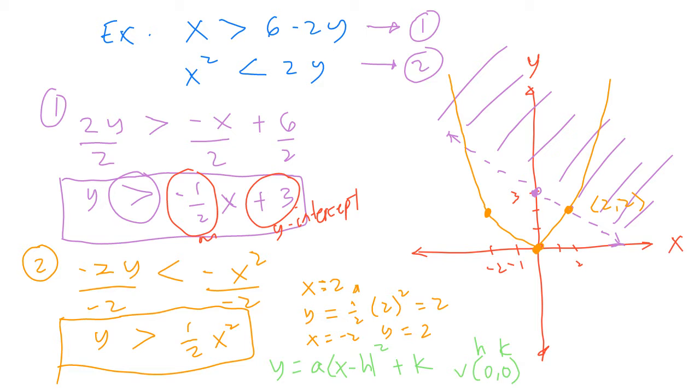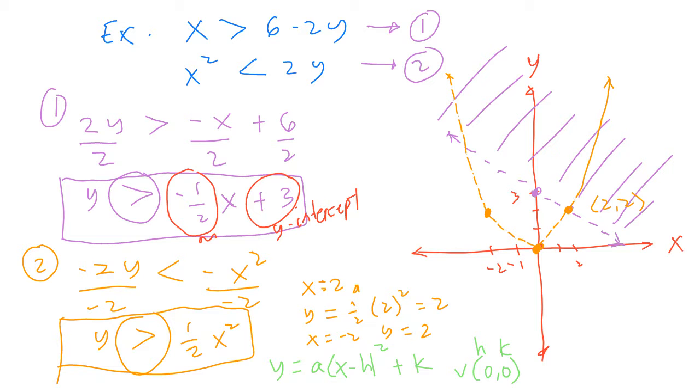So since we're using greater than, so instead of a solid line here, we will make this as a broken line or a dotted line. Okay, so you will have a broken line here. It means the points along this curve is not included.